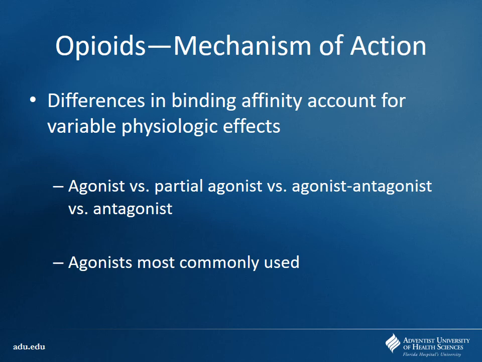When might you use a partial agonist? What's the point of having only a partial effect on those receptors? Absolutely, yeah. So we'll talk about one agent in particular called buprenorphine, which is good for patients who are addicted to opioids and are trying to get off of them. If I have something that is just partially activating the receptor, what does that do for those opioid patients? What are we trying to prevent?